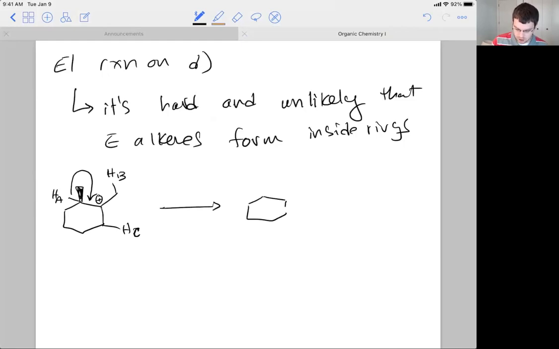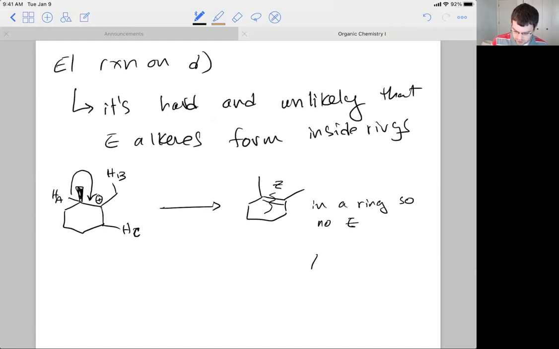We form a carbon-carbon double bond extending from the positively charged carbon to that carbon that was a wedge and is now sp2 hybridized and does not have a wedge or dash character. Okay, if you look at this, this is actually a Z alkene, but it's in a ring, so no E. Now, what would an E alkene even look like?